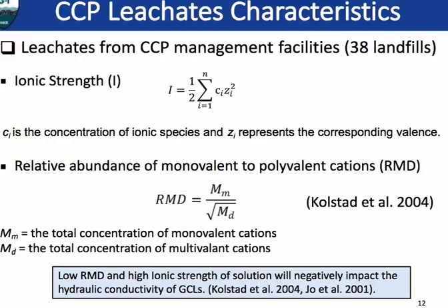Because based on our study, ionic strength and RMD, which is the relative abundance of monovalent to polyvalent cations, indicate the tendency of cation exchange. So a lower RMD and high ionic strength of solution will negatively impact the hydraulic conductivity of sodium bentonite GCLs. So we think these 2 parameters will also have a negative impact on the BPC GCLs.